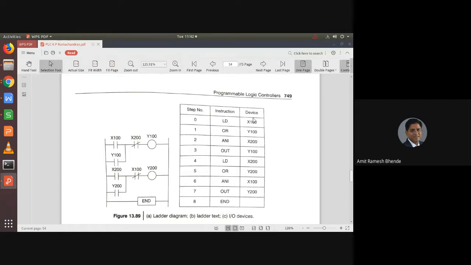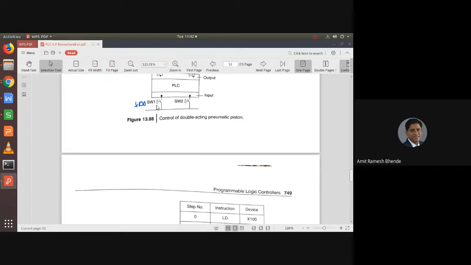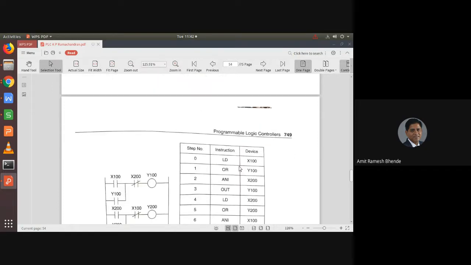The device is X100, which is the first input device. This X100 is nothing but switch 1, SW1, but in ladder programming we use the code X100.